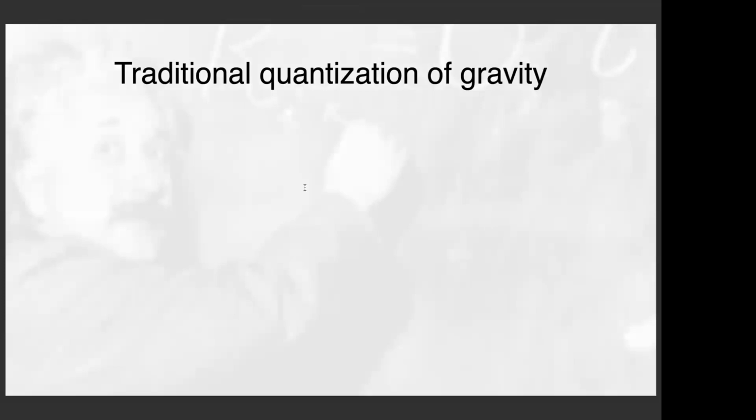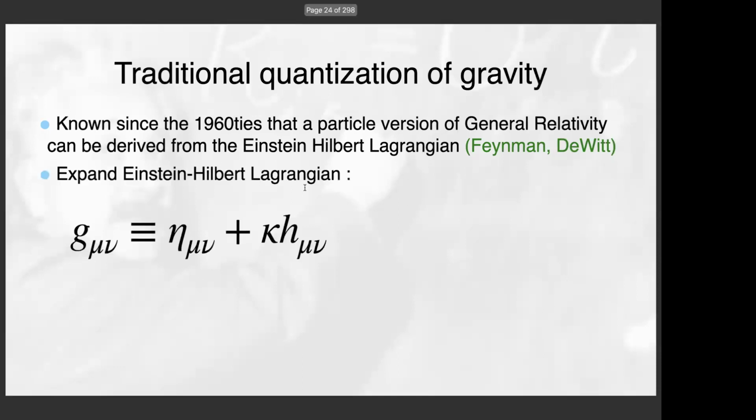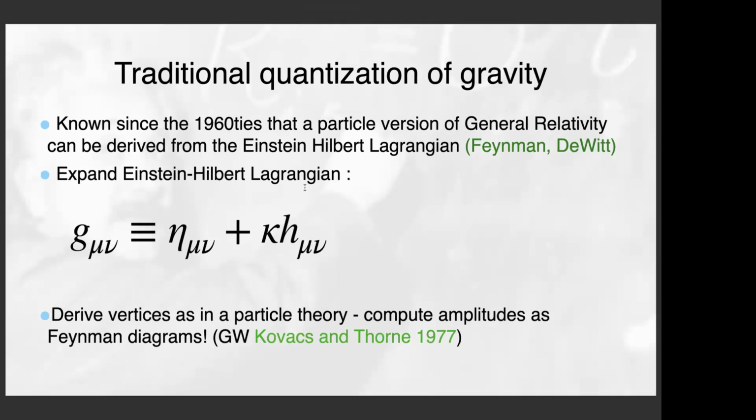The traditional quantization of gravity started in the 1960s. It in fact started a little bit before, with the work of Gupta and others, but the standard particle physics version of general relativity, where the Einstein-Hilbert Lagrangian was the starting point for the derivation, started with work by Feynman and DeWitt, and their approach was very simple.